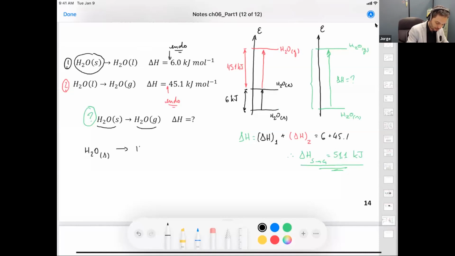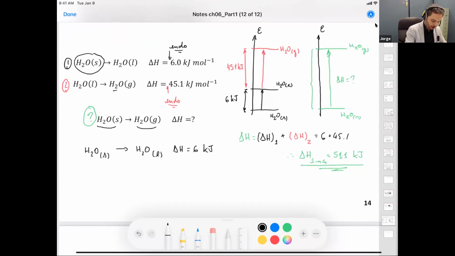So let's just rewrite it. And the delta H for this reaction is 6 kilojoules. Now let's look at the second reaction and see what the second reaction has in common with the problem reaction.